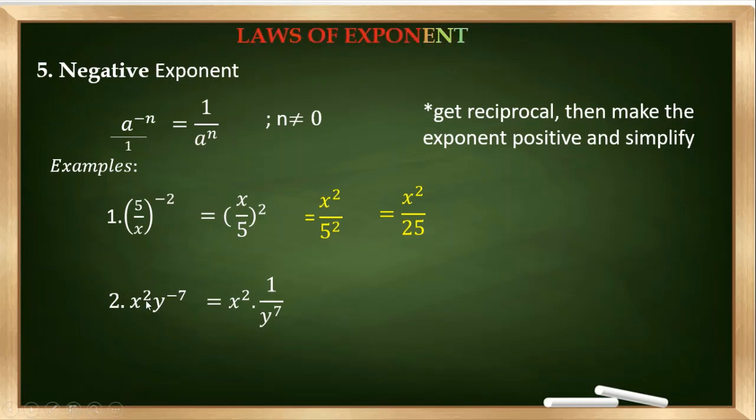So to get the reciprocal of y raised to negative 7, that is equal to 1 over y raised to positive 7. So final answer is x squared over y raised to the 7th power, because x squared times 1 is equal to x squared. So over y raised to the 7th power.